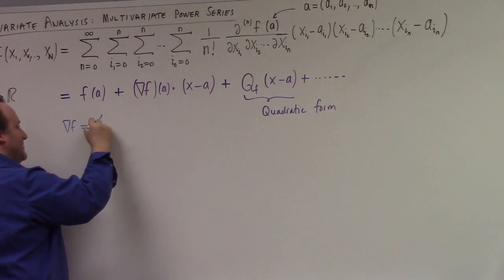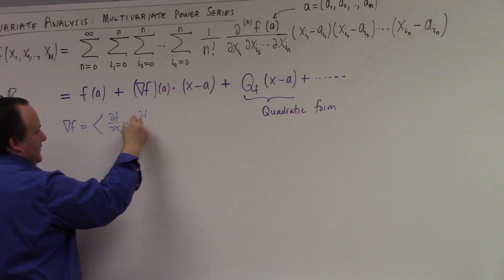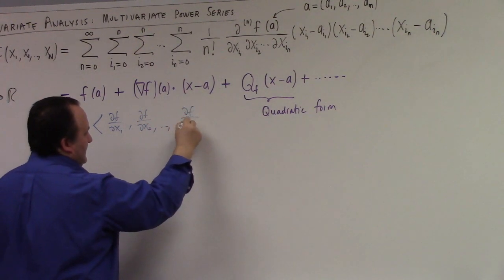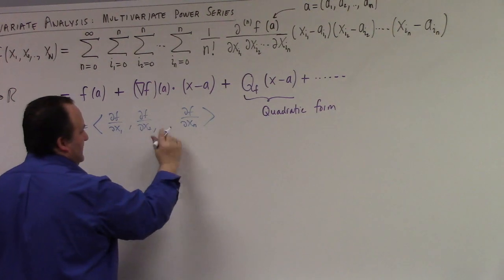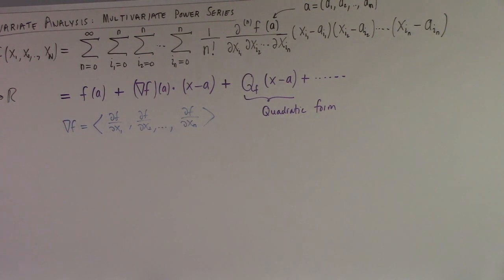The gradient is partial f partial x1, partial f partial x2, up to partial f partial xn. Of course, you mostly didn't do stuff in n dimensions too much in Calc 3, but really, it's the same as what you did in 2 or 3 dimensions. So that's the gradient of the function, right?